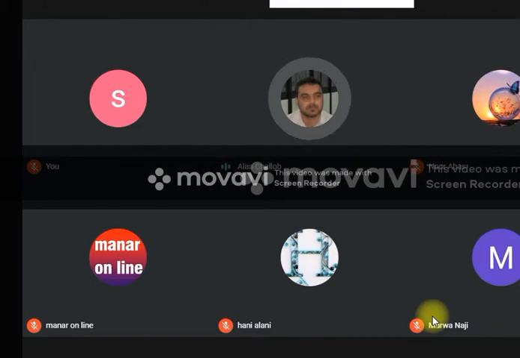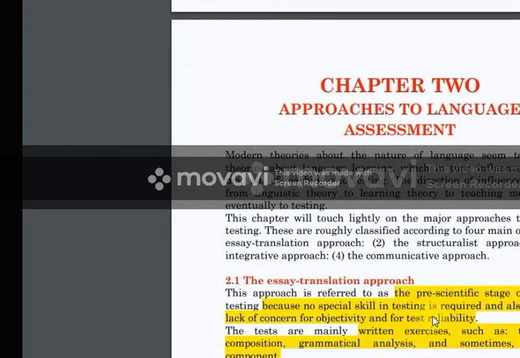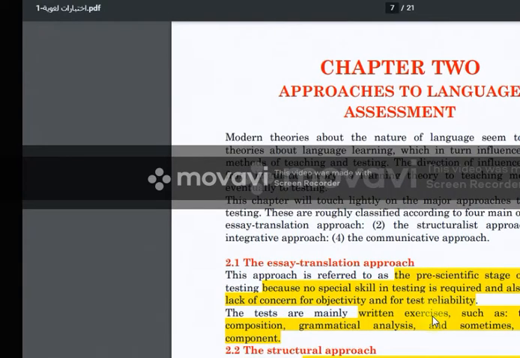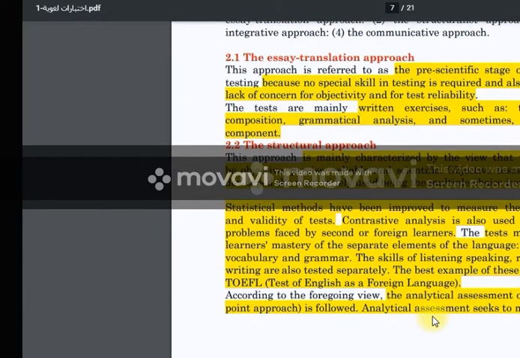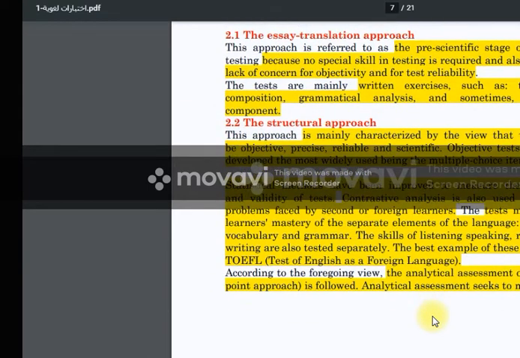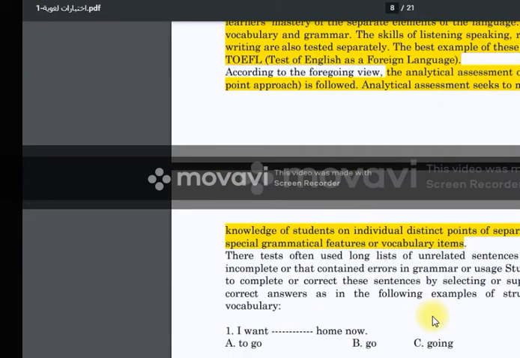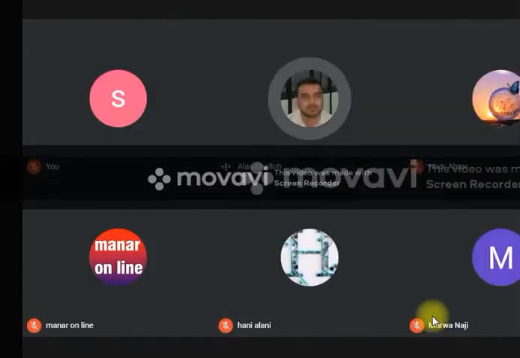This approach is mainly characterized by the view that testing can be objective. شوفوا نفس اللي قلت لكم اياه. Testing can be objective, precise, reliable, and scientific. So this is why we call it the scientific approach. In addition to that, the test should be characterized by its objectivity.